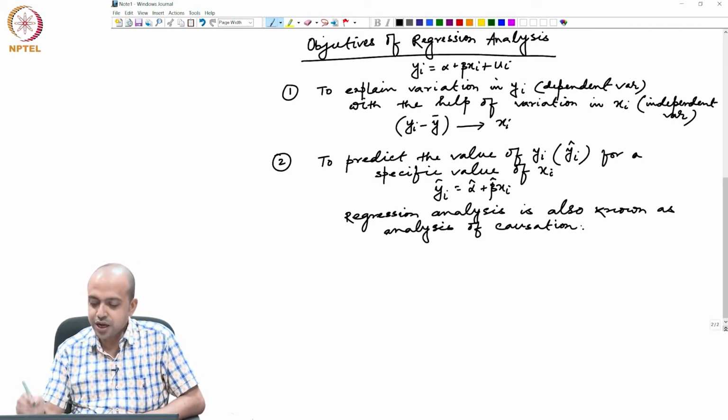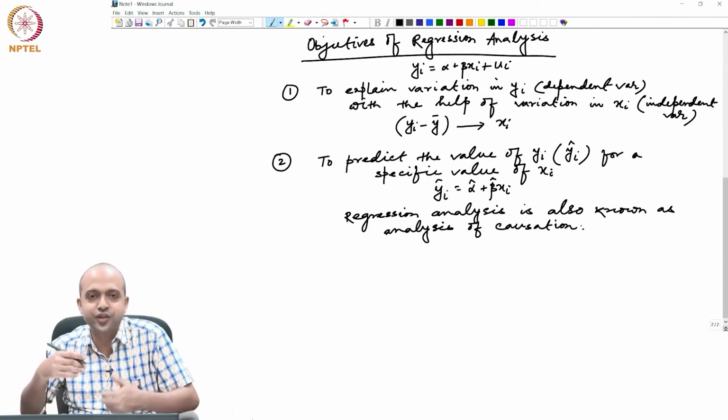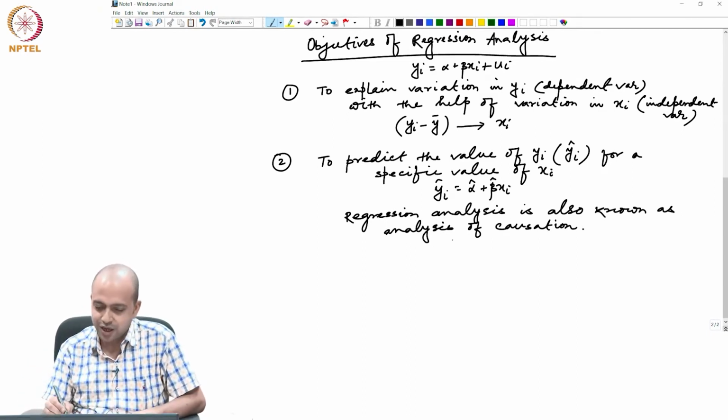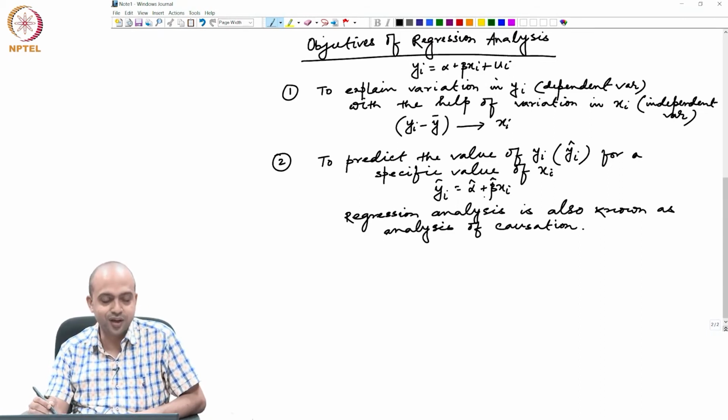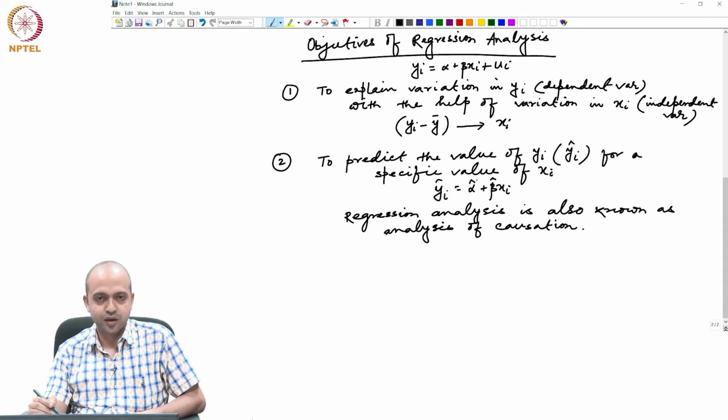Okay. So, I would like to estimate some causal relationship between yi and xi. How will you do that? This is our model. So, if your beta hat turns out to be significant, that means significantly different from 0, I can say that x actually causes y. That means income can explain the variation in consumption. That is why it is also known as causal relationship.